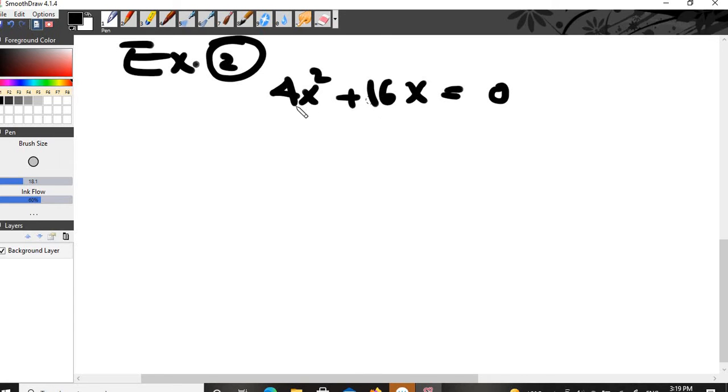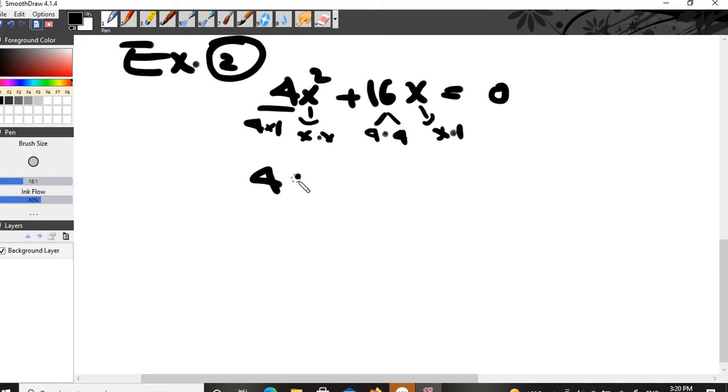So this we know, they share 4 and x, because 4 times 1, and then 16 comes from 4 times 4. So x squared comes from x times x, and then this one comes from x times 1. So we can factor out the x and the 4.